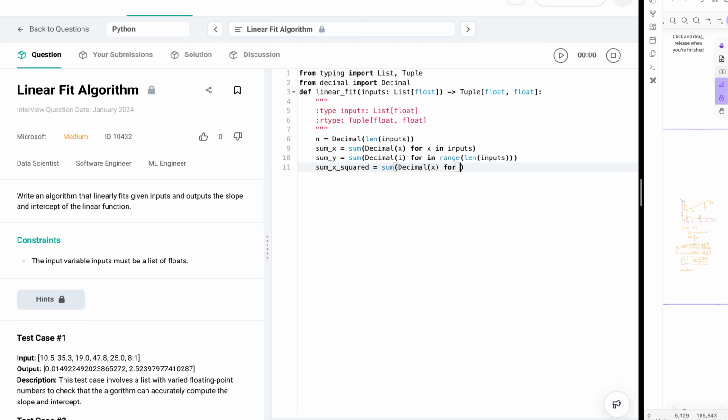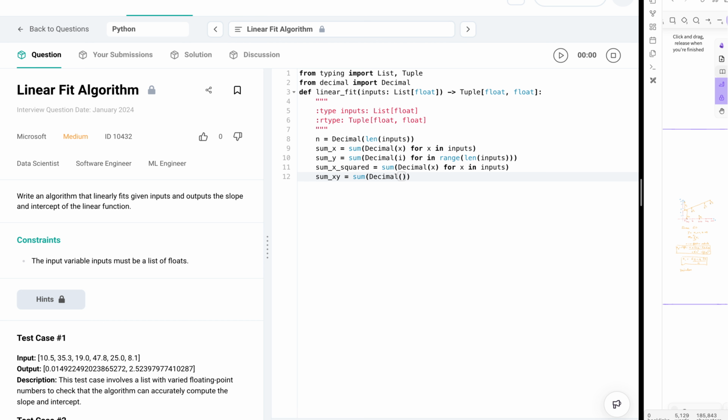So for x in inputs, and similarly we are going to need one summation of xy as well. So that is the product of x and y values.